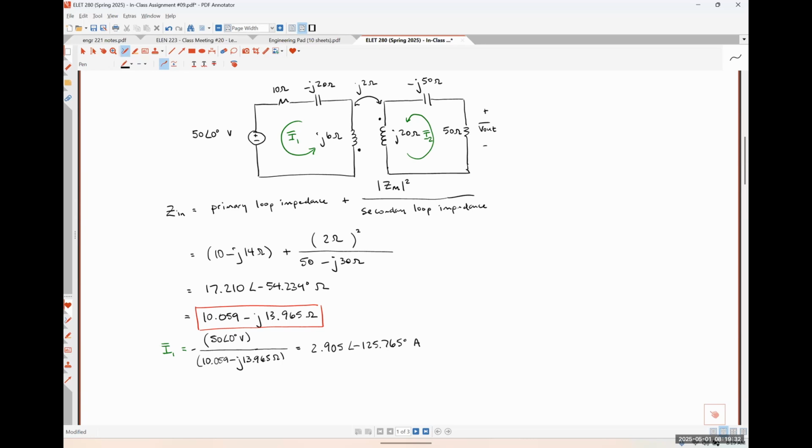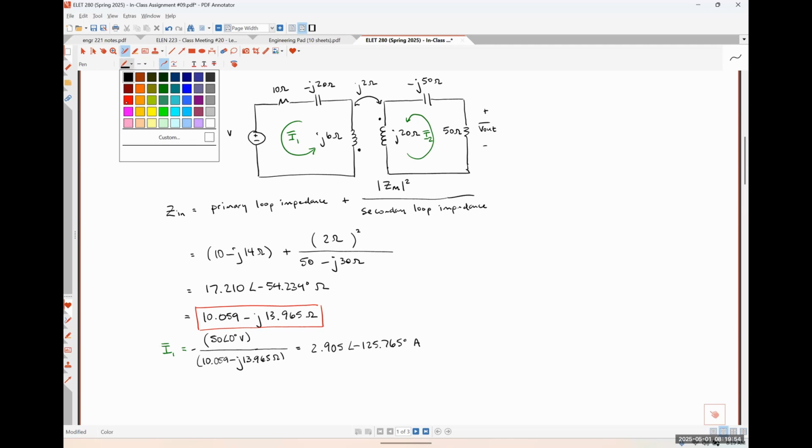All right. So now that we know what I1 is, if we write a Kirchhoff's voltage law equation around mesh 1, that will involve mesh current I2 because of the mutual inductance between those coils.